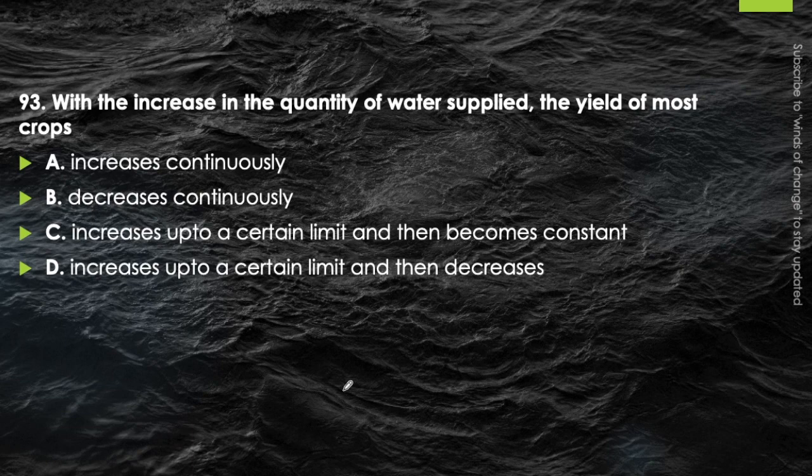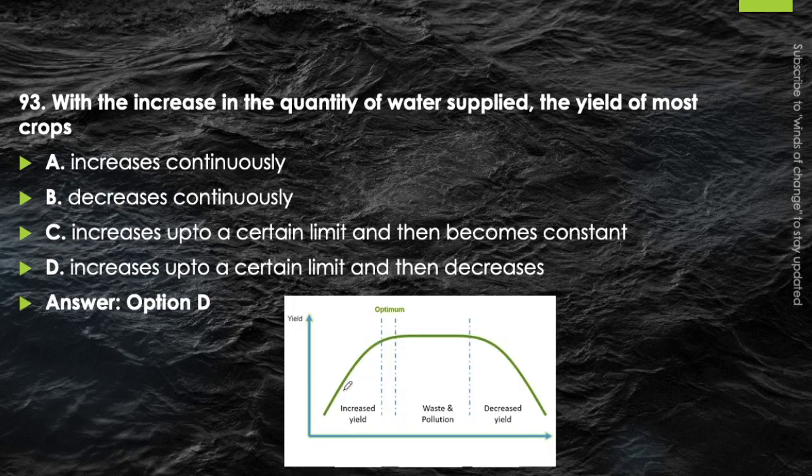If you increase the supply of water, then obviously the yield will increase. But there is a limit to it. After that, if you supply more water, it will lead to waterlogging, in which the soil in the root zone cannot be aerated. So the answer here will be option D, that is it increases up to a certain limit and then decreases. The yield will decrease after an optimum point is reached.